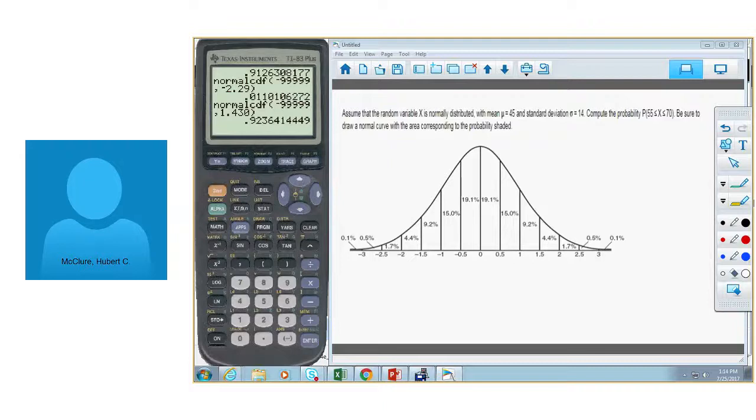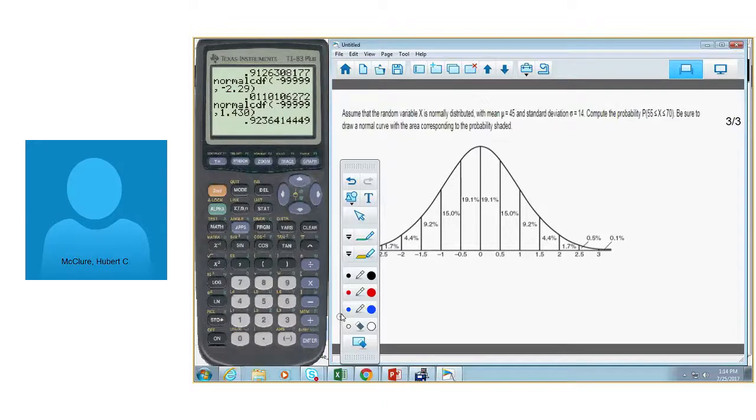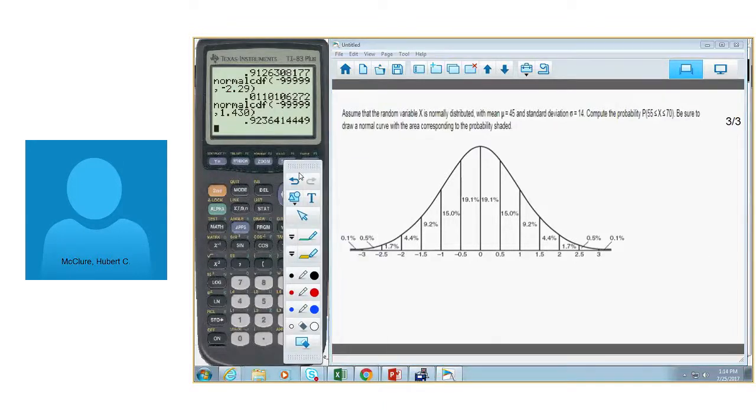So we've got a mean of 45 and a standard deviation of 14.